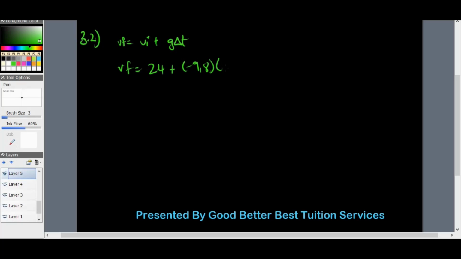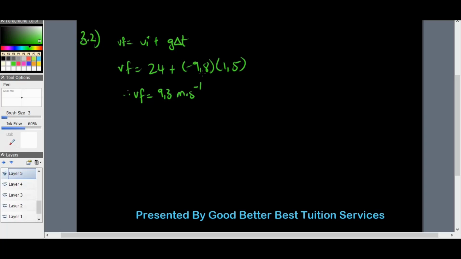If you choose downwards as positive, then your gravity will be positive and anything going up will be negative. Time can't be negative, so it's just 1.5. Therefore, your final velocity is 9,3 meters per second. That's also going upwards.